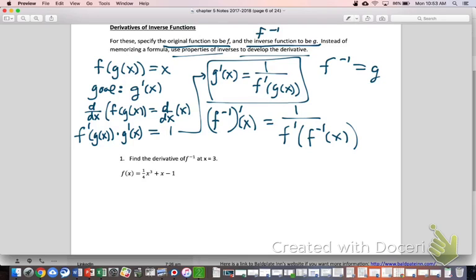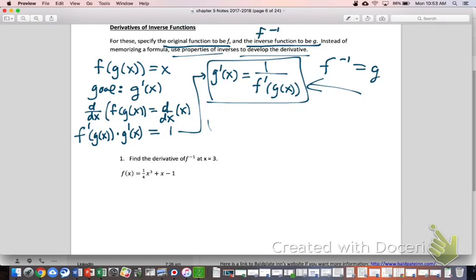Do you see all those minus ones and primes all kind of look the same, and which one goes where? To me, this up here is much better than that, simply because it removes all that extra stuff that gets confusing. Make sense? Okay, so I'm going to erase that because I don't really like to look at that either. All right, so we got this right here. So again, that's the formula we're going to use. A few little things to navigate as we use it, though.